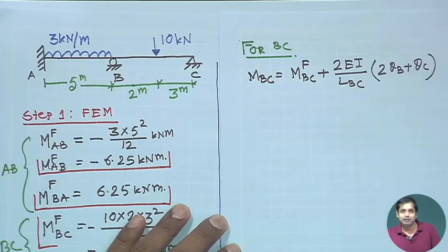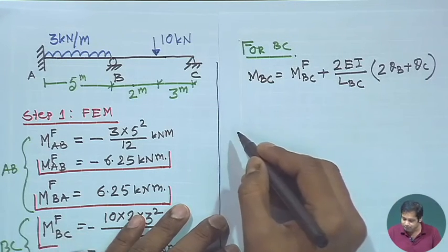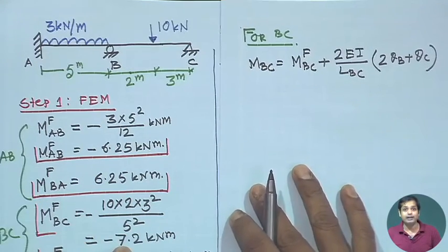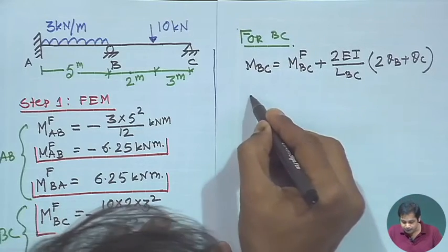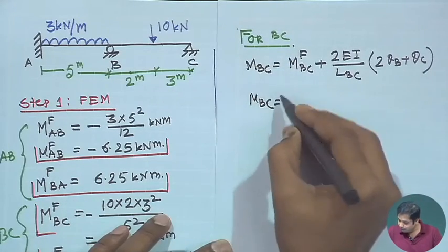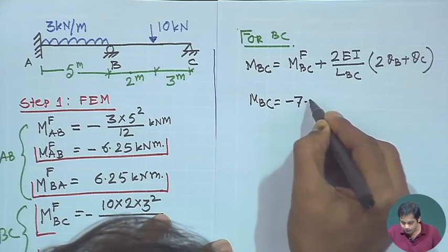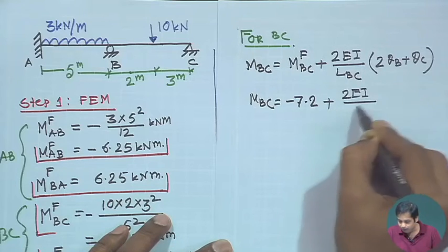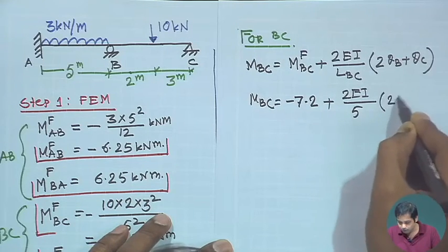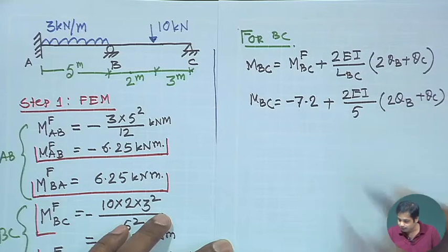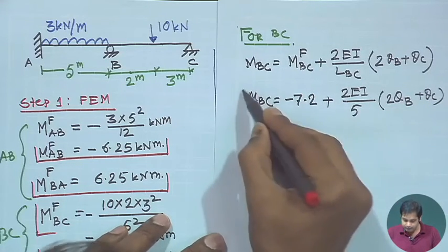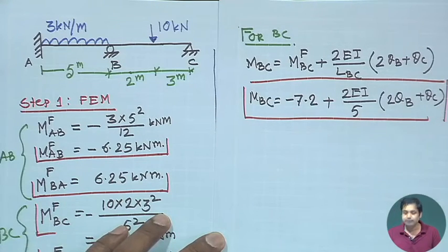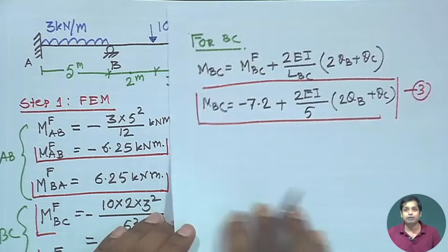You can write the general expression with delta, but delta is 0, so not written explicitly. Now MBC is equal to, we have already obtained, the fixed end moment of minus 7.2. So MBC becomes minus 7.2 plus 2EI by 5 (2 theta B plus theta C). This becomes equation number 3.